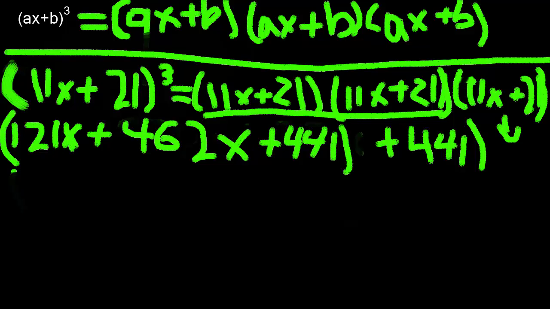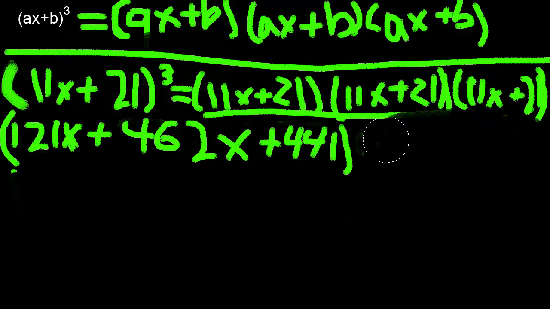And then erase that arrow too, so I can draw it in now. So now we have the other 11x plus, it looks like 2 now, but it's actually 21.